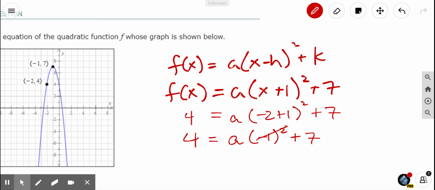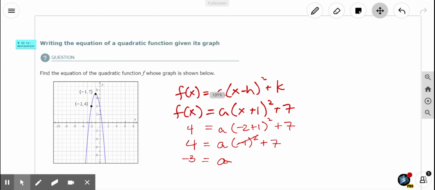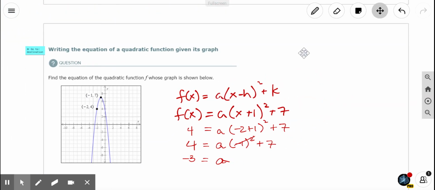It's 1. So 4 equals something plus 7. It's going to be -3, right? Subtract 7 from both sides. A equals -3. Okay, then you come down here. We can write the equation of this quadratic, not line: equals -3 times (x plus 1) squared plus 7. So hopefully you did that correct.